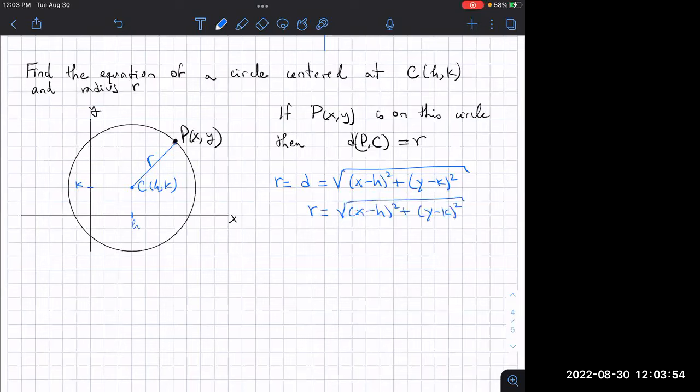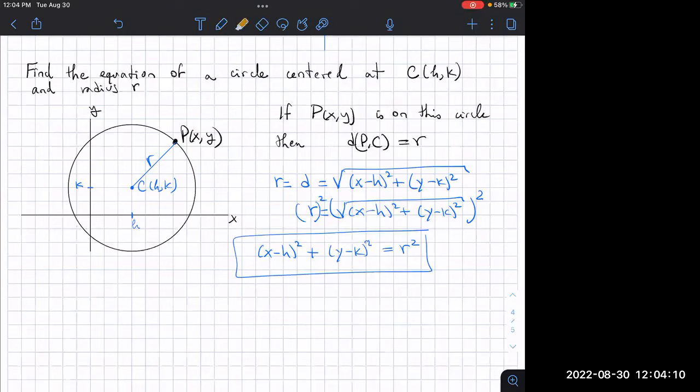Like before, we get rid of the square root by squaring both sides. So it's usually written as x minus h squared plus y minus k squared equals r squared. That's the equation of the circle centered at h comma k and radius r.